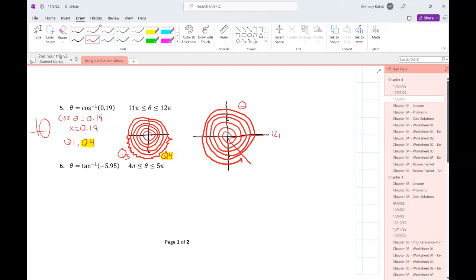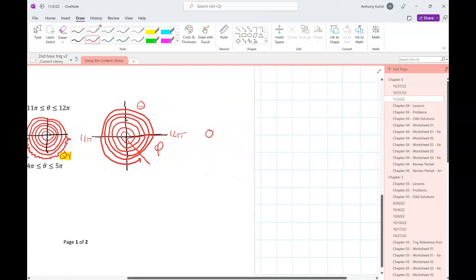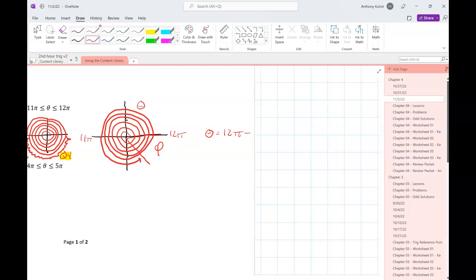So this one would have been 12, because over here was 11. And then this spot here is my phi. So I'm going to ask myself, is 12 pi bigger or smaller than my theta? Bigger, right? Because my theta stops before I get to 12 pi. So I know I should be subtracting from 12 pi to get theta, since theta is smaller than 12 pi.